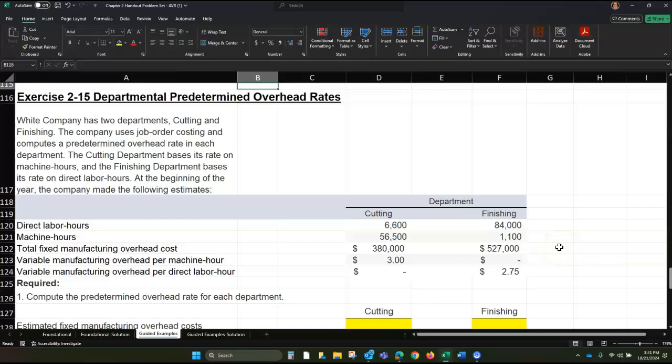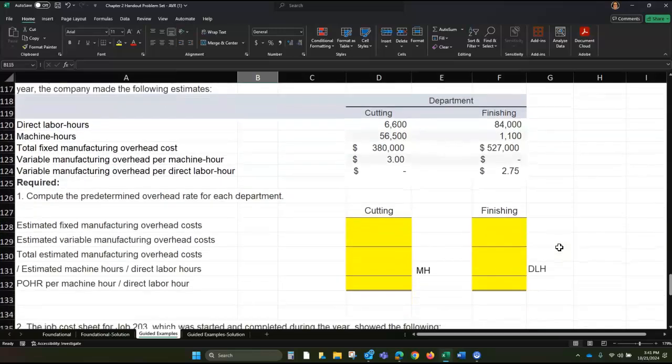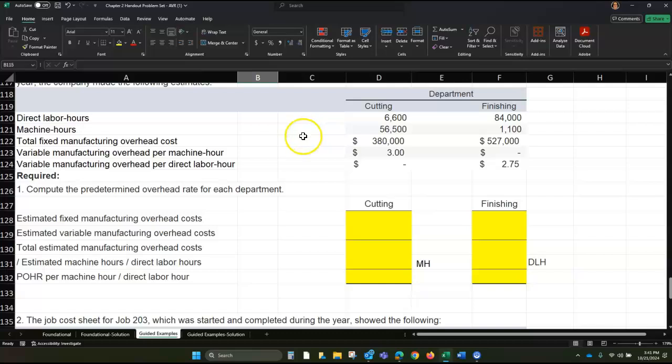All right, so then here's the information that they gave us regarding the departments. Some of the direct labor hours, machine hours, total fixed manufacturing cost, and then we were given a variable overhead rate.